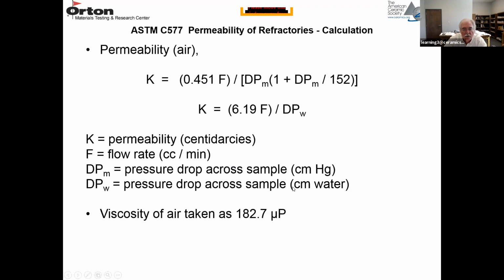And if you're using the water manometer, K equals 6.19 times the flow rate times dPW, which is the pressure drop across the sample in centimeters of water. And we're assuming the viscosity of air is 182.7 micropoise.